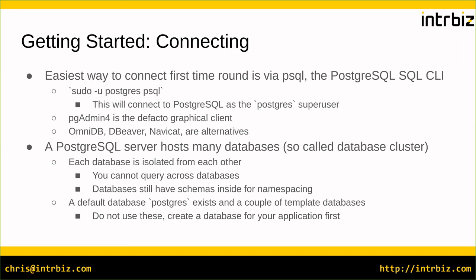So psql is Postgres's CLI SQL client. And to connect, we need to run that command as the postgres user on the server. So that will drop us into a SQL shell as the postgres superuser. So that gives us full administration access to Postgres.